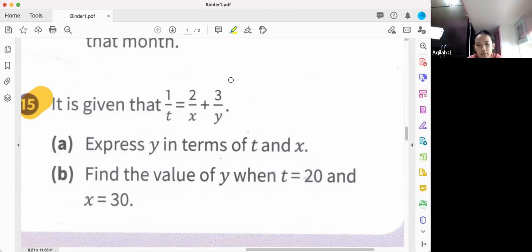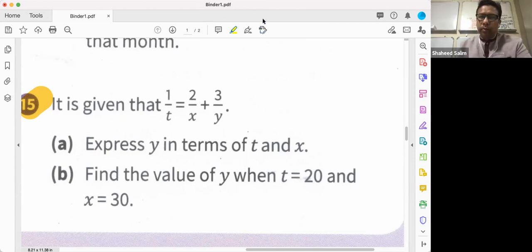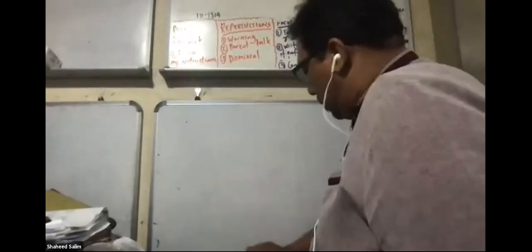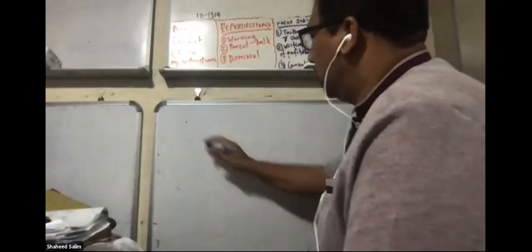Equals negative 180. Well done. So how is it? Is it okay? Can I just test you on something? They want you to simplify this.